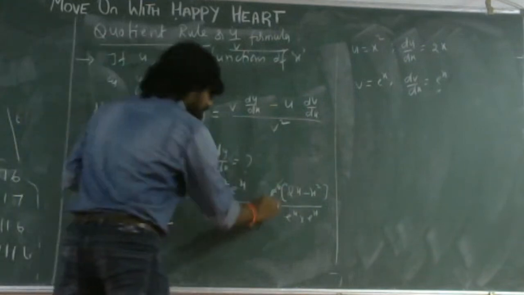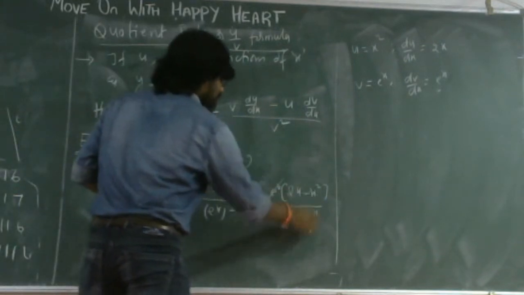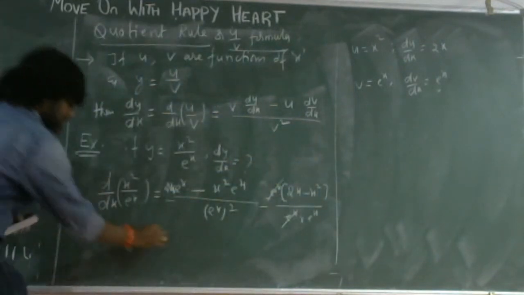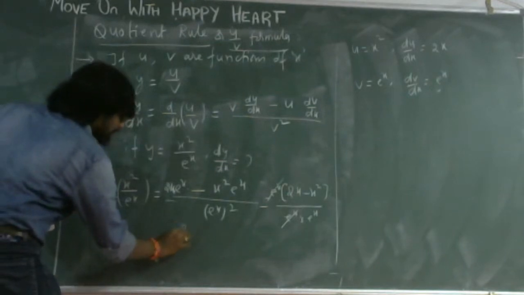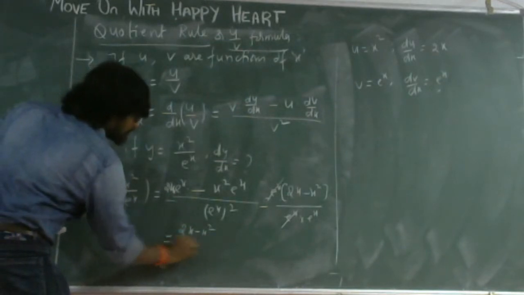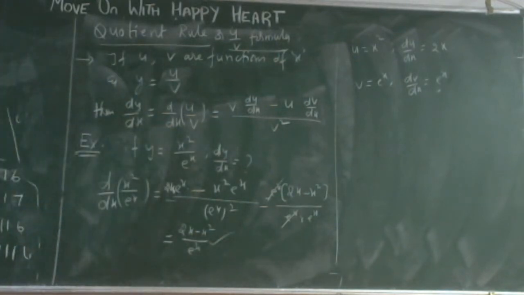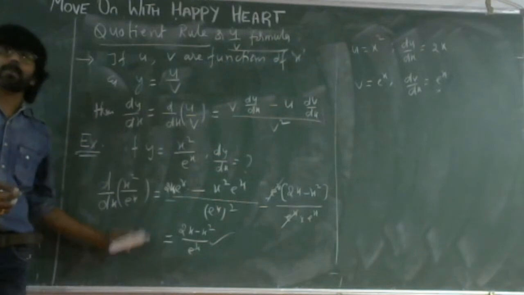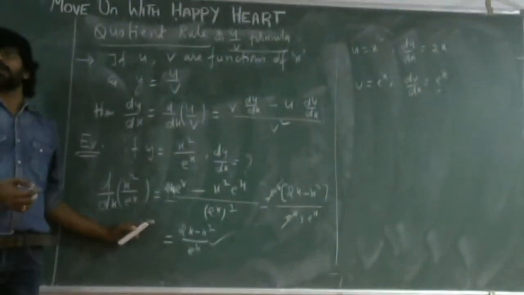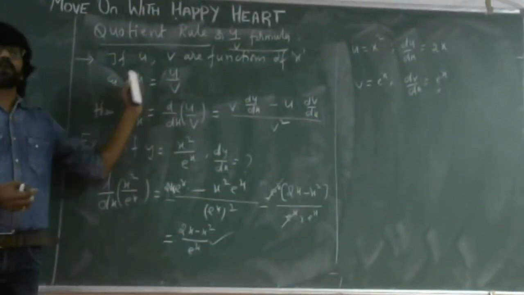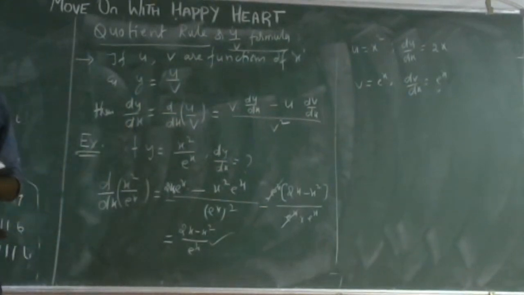So one e power x will cancel, and you get 2x minus x square by e power x. Okay? So this is how you can use the quotient rule or u by v formula. Right?